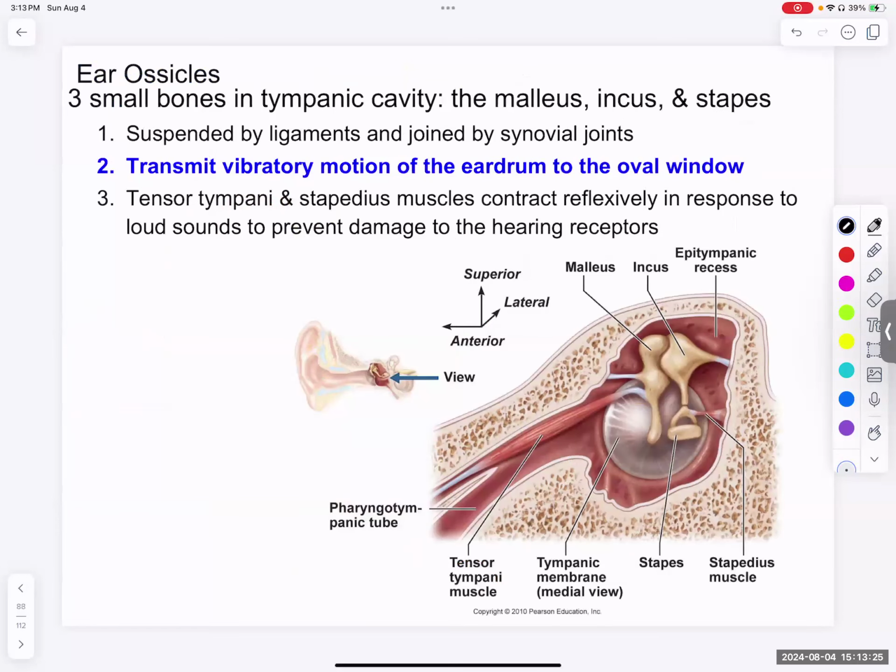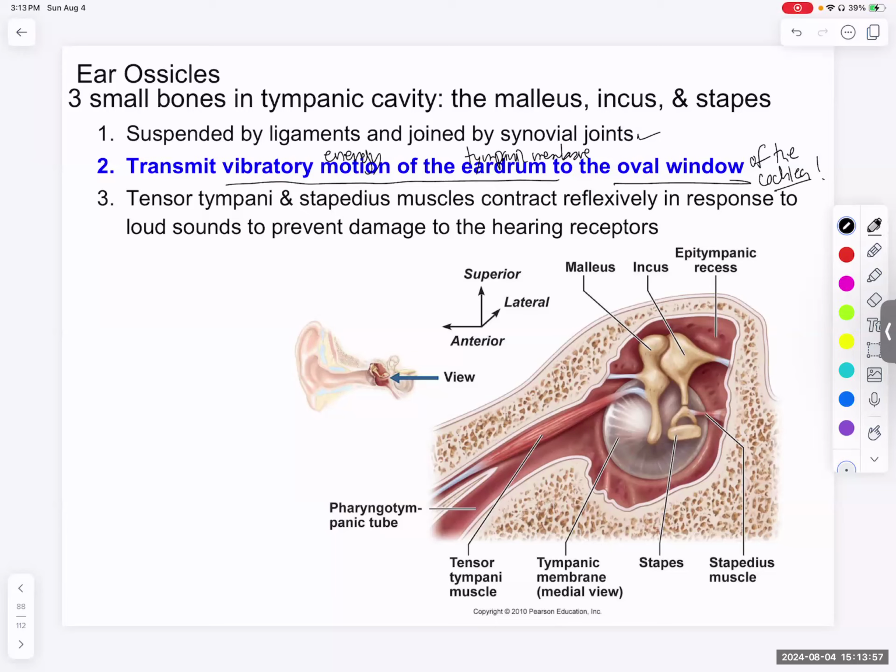These little auditory ossicles, they're small little bones, the malleus, incus, and stapes. They're suspended by ligaments and joined by synovial joints. They're tiny little synovial joints, and they transmit the vibratory energy from the eardrum or tympanic membrane to the oval window of the cochlea.